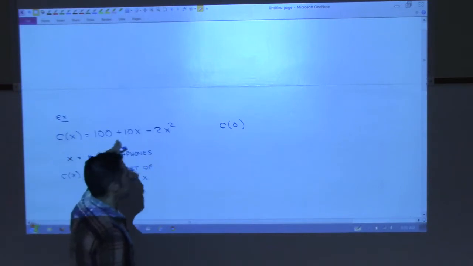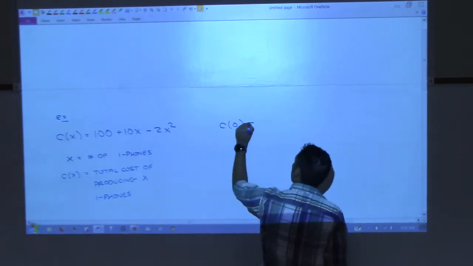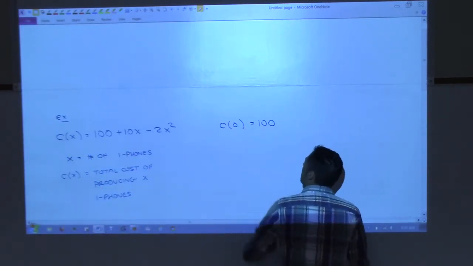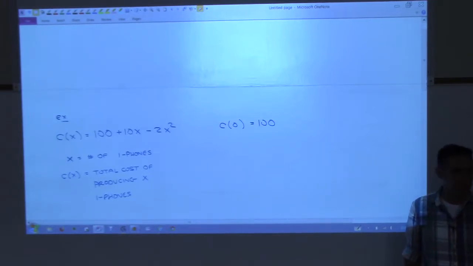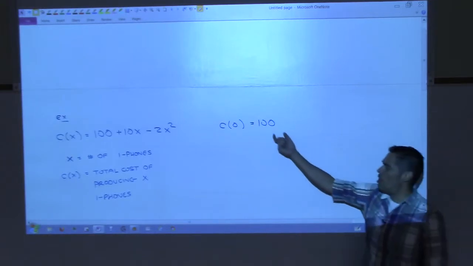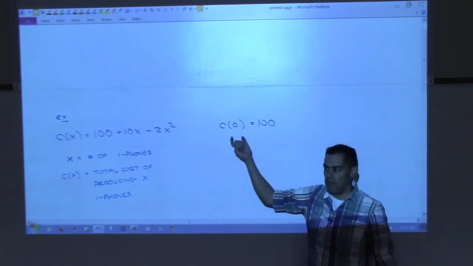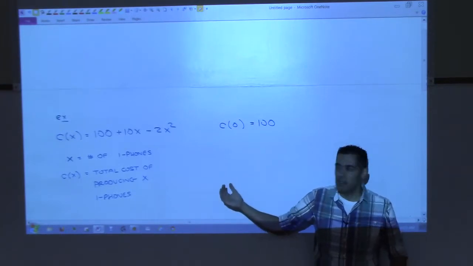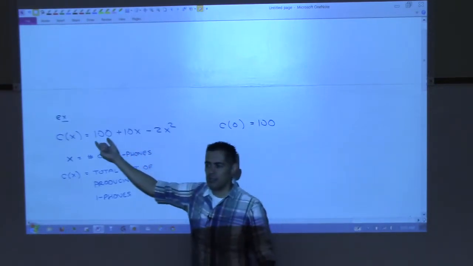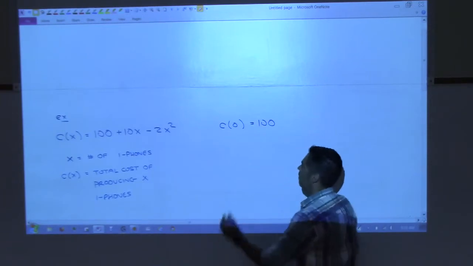So if we plug 0 into this, we get 100. And what does that 100 mean? That's the cost if we don't make any phones. So we've got to pay electric bills or something like that, right? There's still a cost. This would be referred to as a fixed cost.